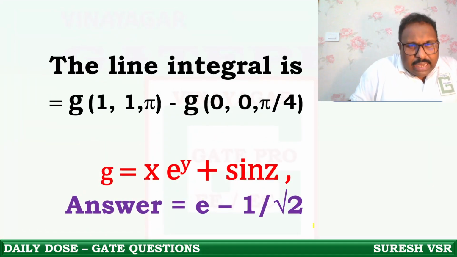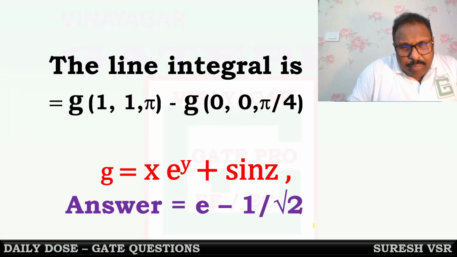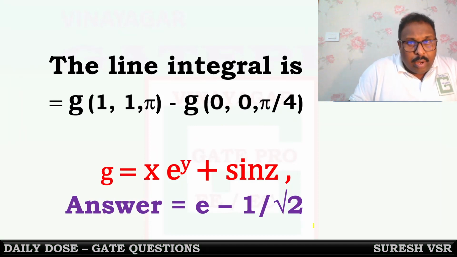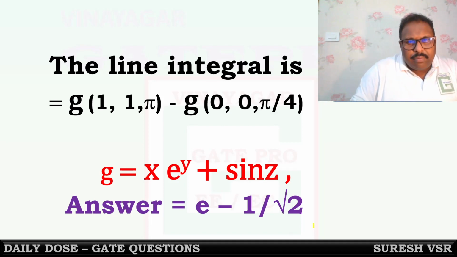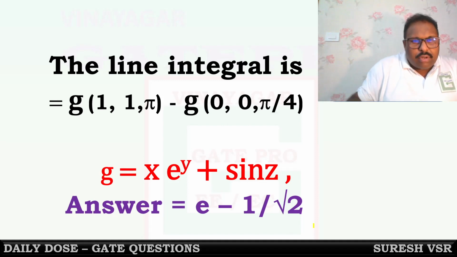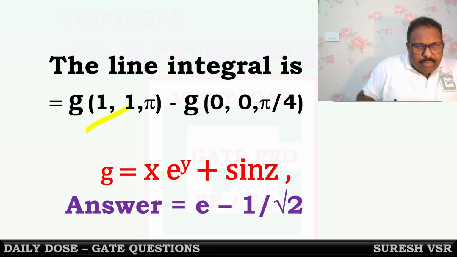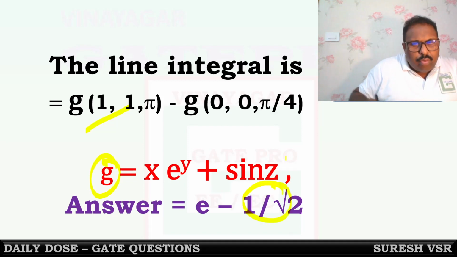So apply your scalar's upper limit at (1, pi), and the lower limit at (0, pi by 4). The upper limit gives you e when you apply it to this G value, and the lower limit gives you 1 by root 2.